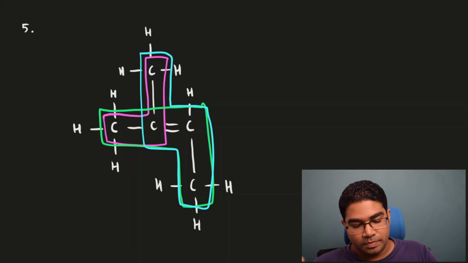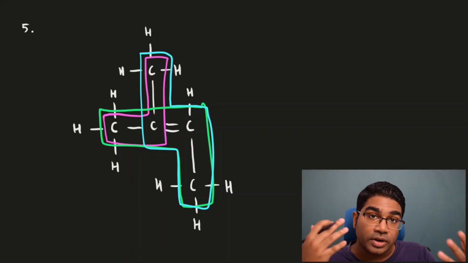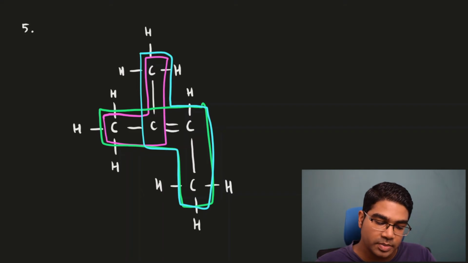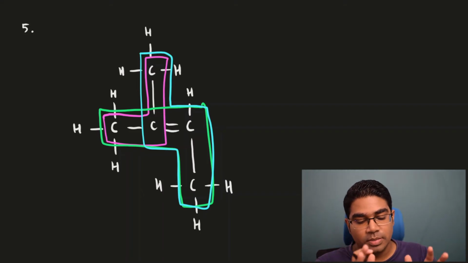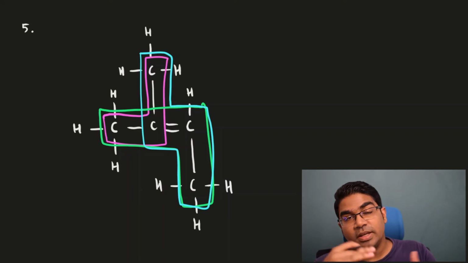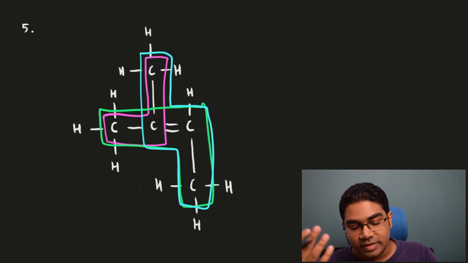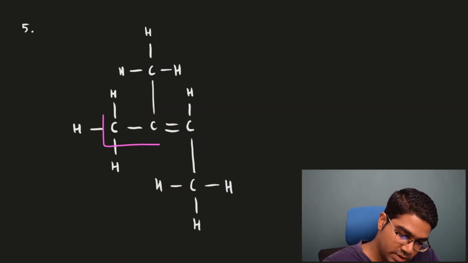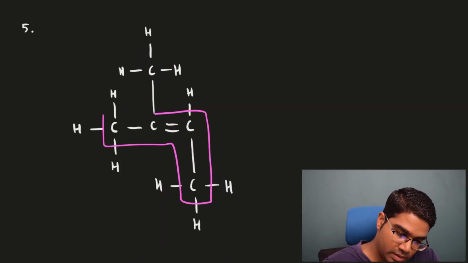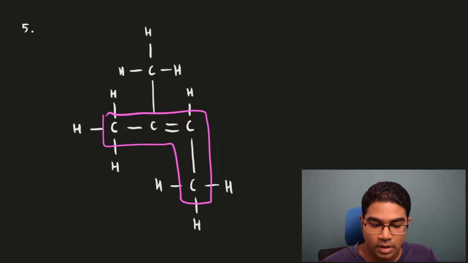So which do we choose? Now, we have to choose the longest chain, which is the 4 carbon chain, and it has to contain the functional group. So definitely the pink chain is out. It is between the blue and the green chain. So which chain can we use here? It doesn't matter. Both are actually the same thing. Let's use this chain. Now when we use this chain, again, this is a 4 carbon chain.